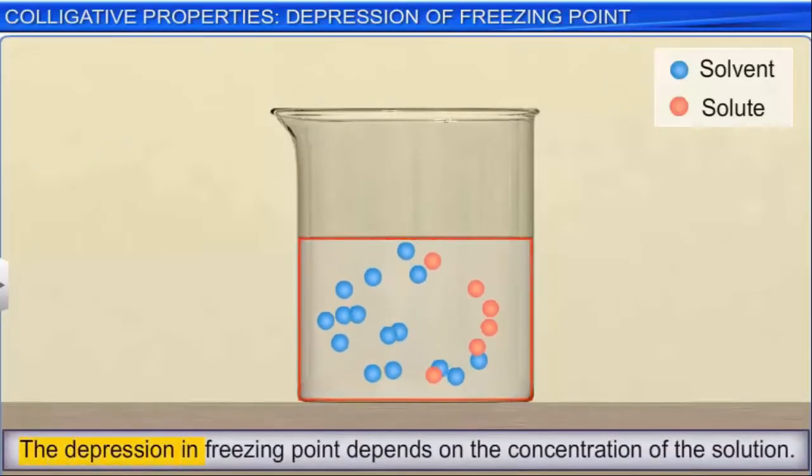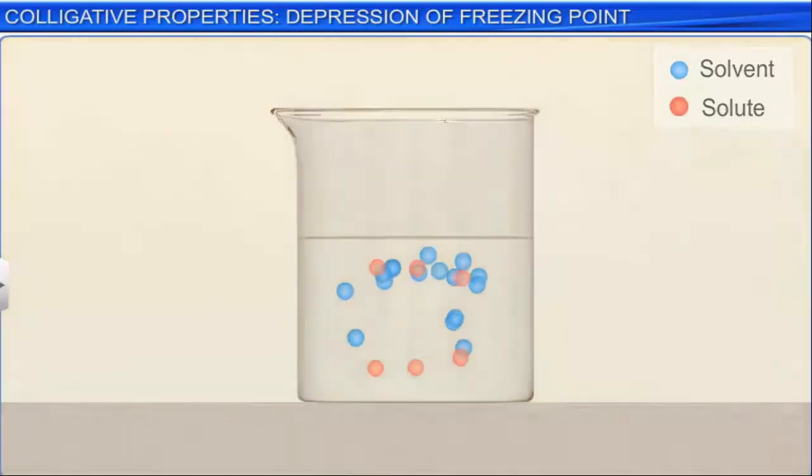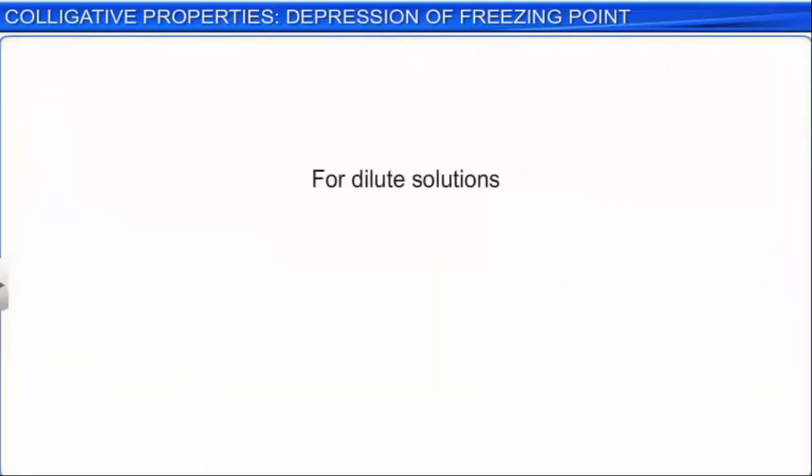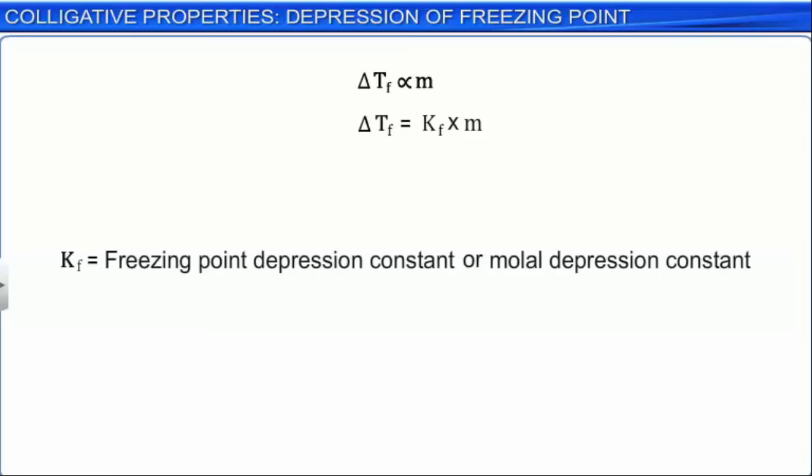The depression in freezing point depends upon the concentration of the solution. For dilute solutions, depression in the freezing point is directly proportional to molality m. Thus, ΔTf is equal to Kf into m, where Kf is known as the freezing point depression constant, or molal depression constant, or cryoscopic constant.